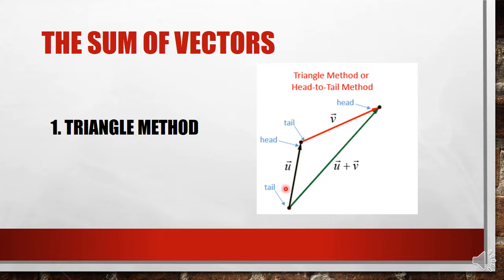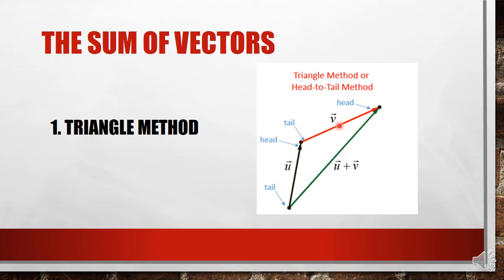Let's just say that I have vector u and vector v, and I want to add these two vectors. So the way to do it in triangle method is that you place the vectors with the head of the first vector, let's just say this one, the head of vector u, you connect with the tail of vector v. This is the head of vector u, this is the tail of vector v.